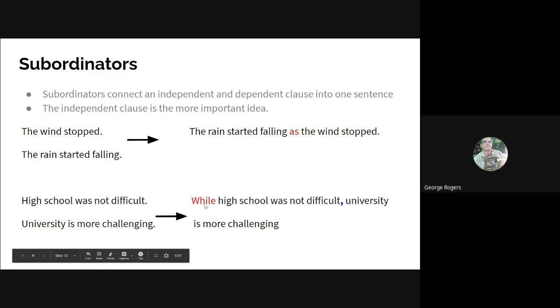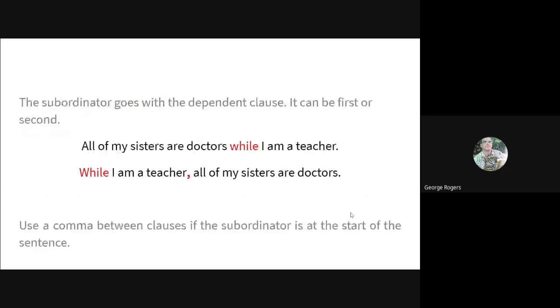While high school was not difficult, university is more challenging. So the independent clause here, university is more challenging, is a little more important than high school was not difficult. Maybe it's because if somebody's saying this right now, their current life has the university in it. It's what's going on. So move on to the next one.